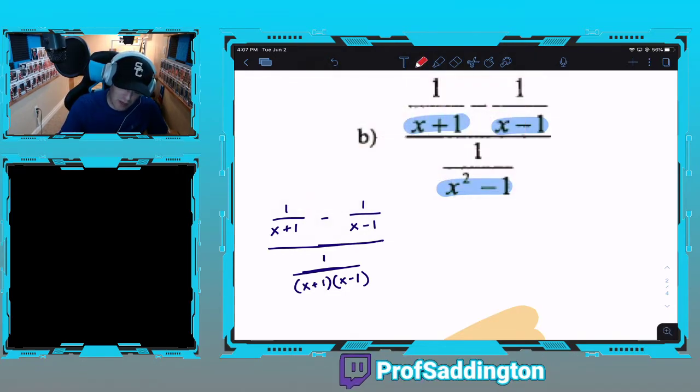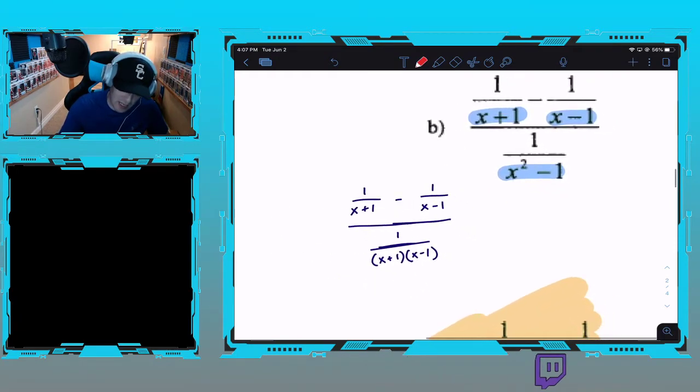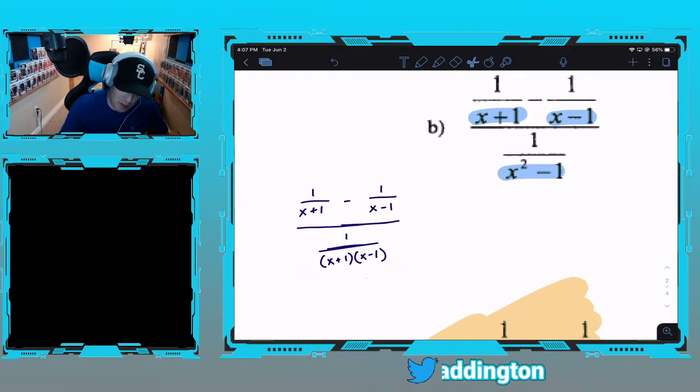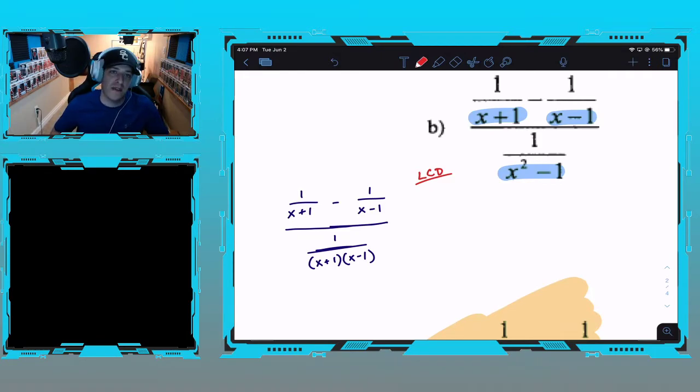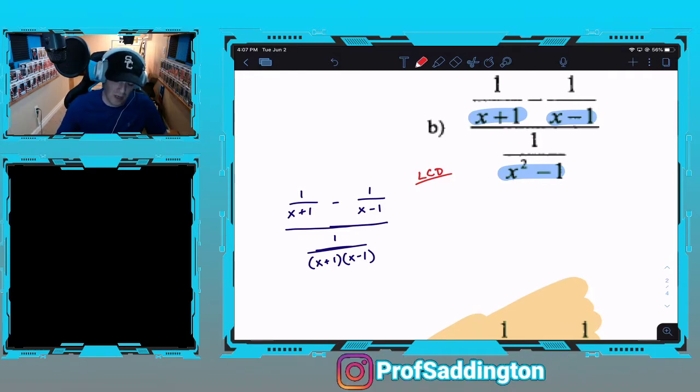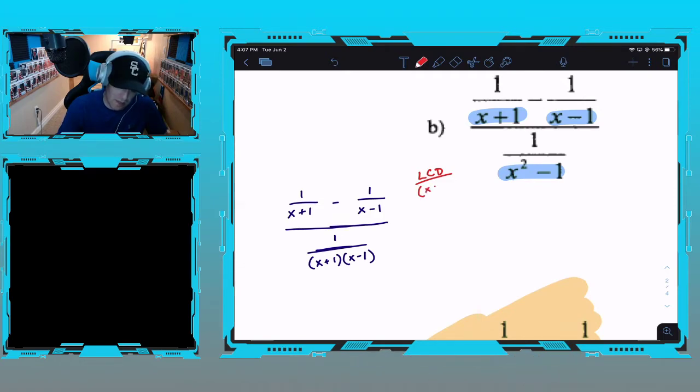So just like before, I'm going to do the LCD. I'm going to move this over a little bit more so I have more room. When I go to do the LCD of this, again, look to see if you have anything that's exactly the same. Well, we have 2 things that are the same: the x plus 1 and the x minus 1.